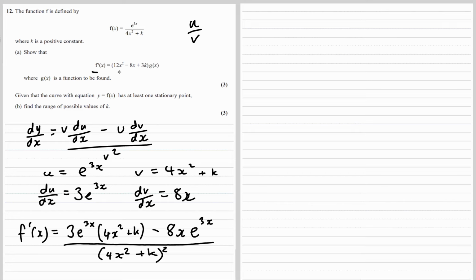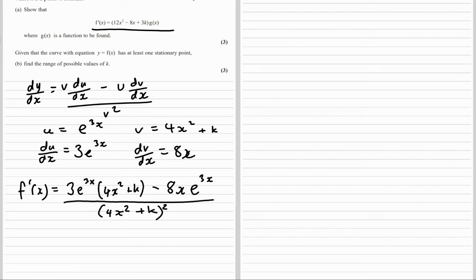We need to get it into this form, so we can expand the top line, and that will hopefully give us something close. So 3x times 4x squared, 3 4s are 12, and then we've got 12x squared e^(3x). 3x times k will be 3k e^(3x).